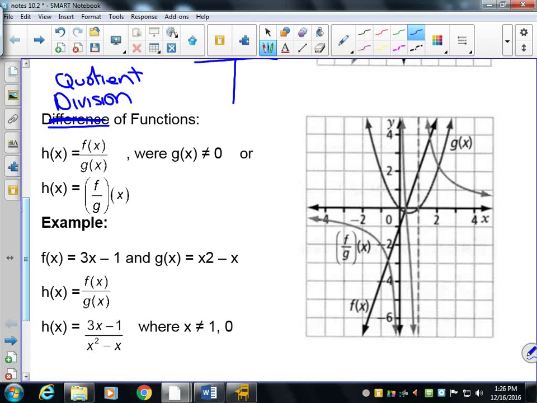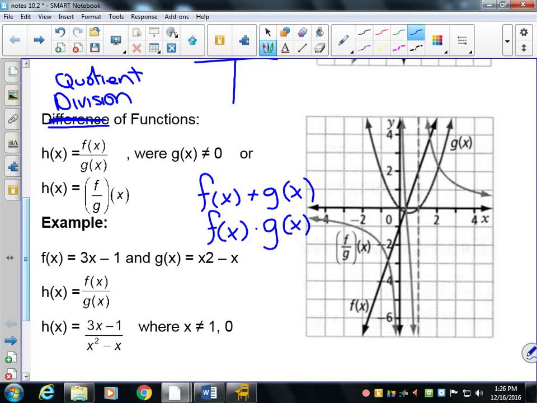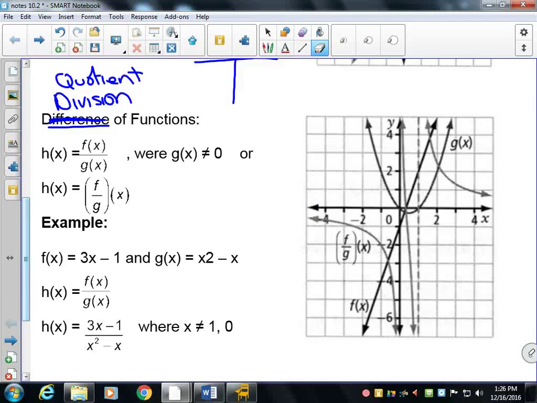Do you get these formulas, or do you have to remember them? There are no formulas. Because in the question, they write f of x plus g of x, right? Or they write f of x times g of x, right? They write that in the question, and you've got to look up the functions and do that addition, subtraction, multiplication for them, okay?